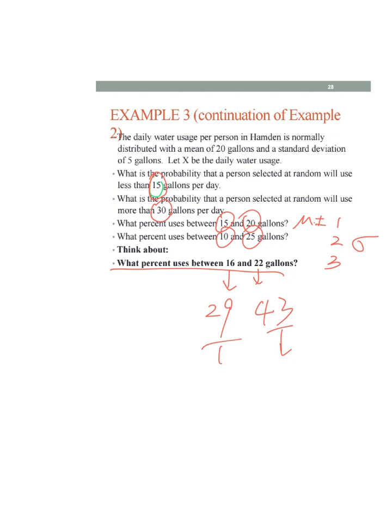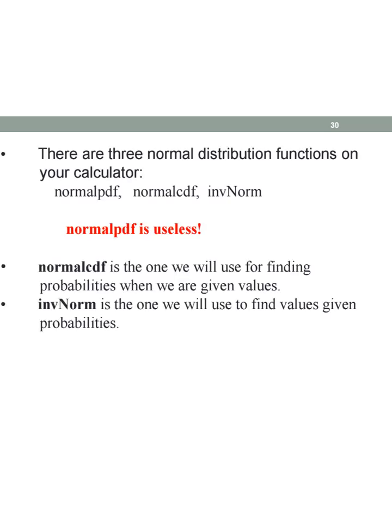If we have a question like this, how do we find the probability? I will show you how to use a calculator to find the probability. We will talk about how to use the TI-83, 84. We still use the water usage example. For the water usage example, x follows a normal distribution, the mean equals 20, the standard deviation equals 5.